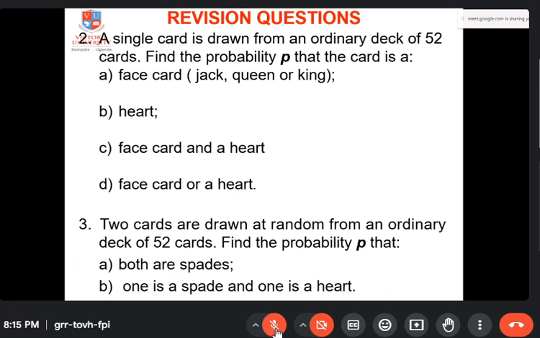So it is vice versa. This time we add up, because the operation we are doing is saying that either you pick a spade first and a heart next, or you pick a heart first and a spade next.